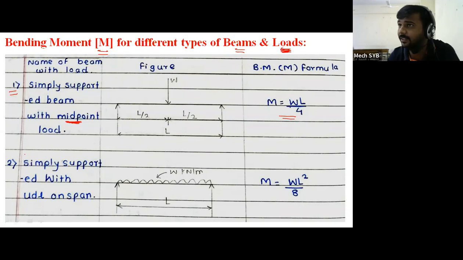Then second standard case, simply supported beam with UDL on entire span. आणि त्याची फिगर काय? टोटल लेंथ वर UDL स्प्रेड झालेला आहे आणि त्याचा M चा फॉर्म्युला काय? WL square divided by 8.